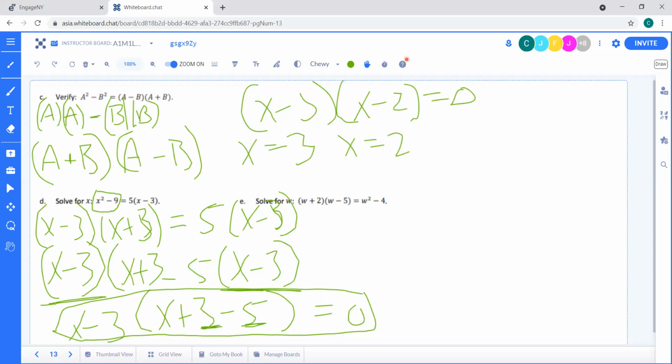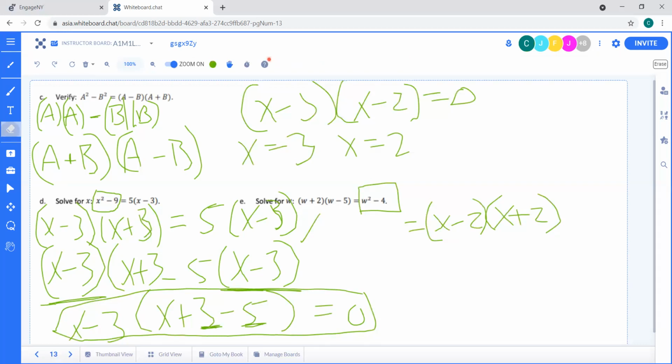All right, same thing right here, difference of two squares. This is going to equal x minus 2 times x plus 2, right? And then that's going to be equal to, I've done x's and those are w's, sorry. W plus 2, w minus 5.